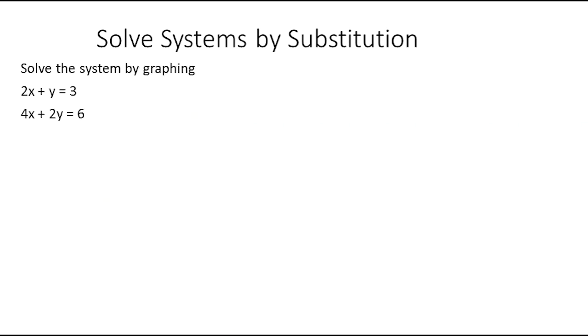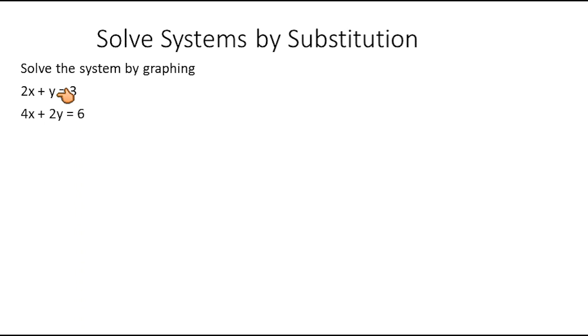The next problem, we're given these two equations. In this case, we don't have an x or a y that's by itself. So what we want to do when this happens is look for an x or y that does not have a number in front of it and get that variable by itself. The first equation, this y is by itself.